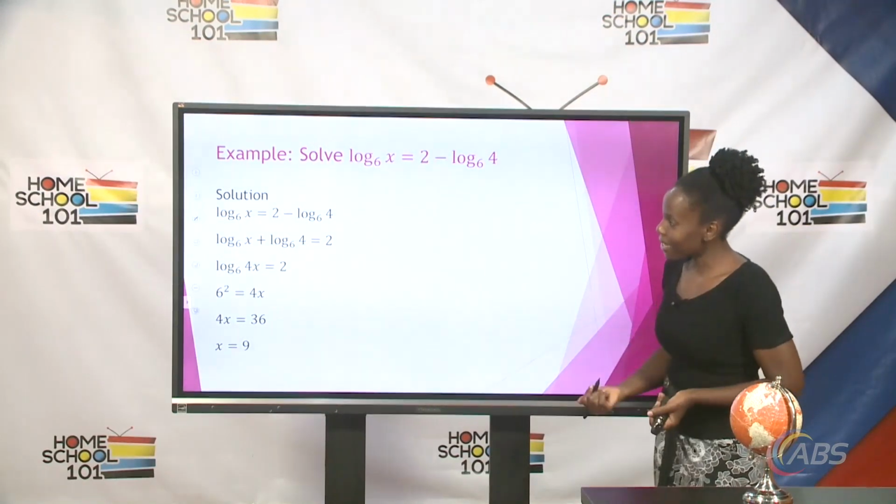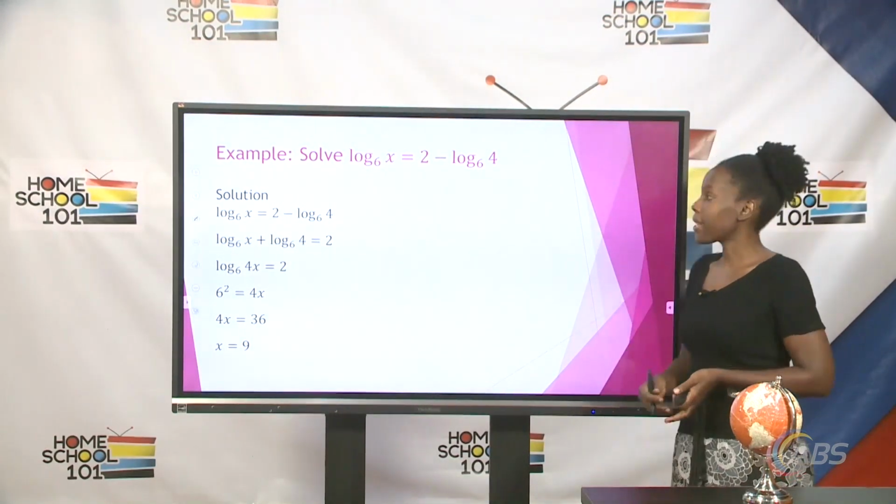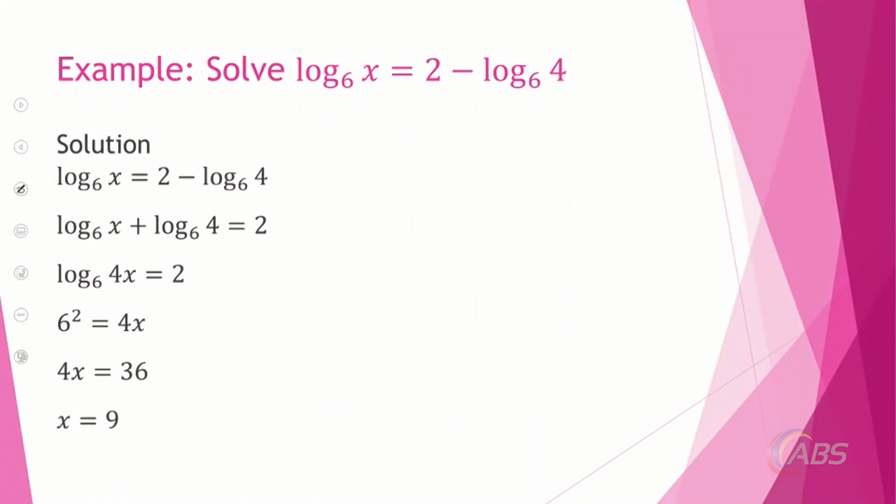I have a second example here. It says solve: the logarithm of x to the base 6 is equal to 2 minus the logarithm of 4 to the base 6. In this case, I have two logarithmic terms, so I have to start from step 1, which states that I take them all to the left-hand side.